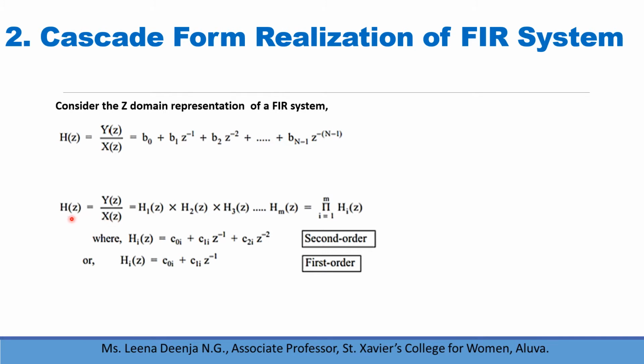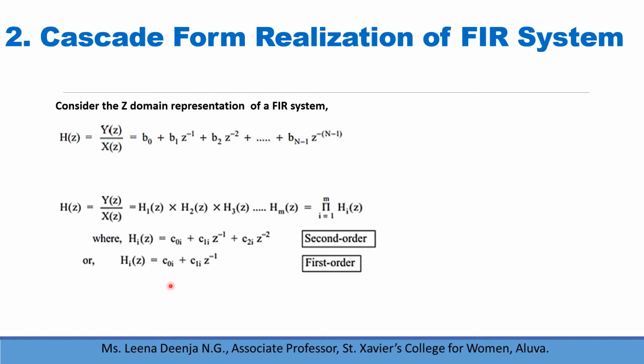Hence, we can write this H of Z as H1 of Z into H2 of Z into H3 of Z up to Hm of Z, or we can write it as product i equal to 1 to m Hi of Z. Here this Hi of Z can be first order or second order. If it is second order, then we can write Hi of Z as c0i plus c1i Z raised to minus 1 plus c2i Z raised to minus 2.